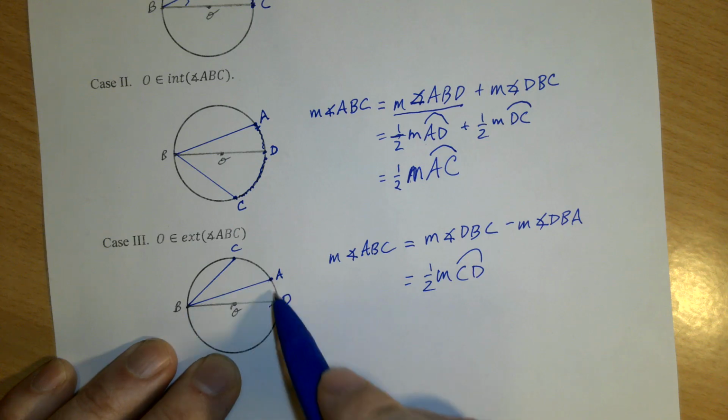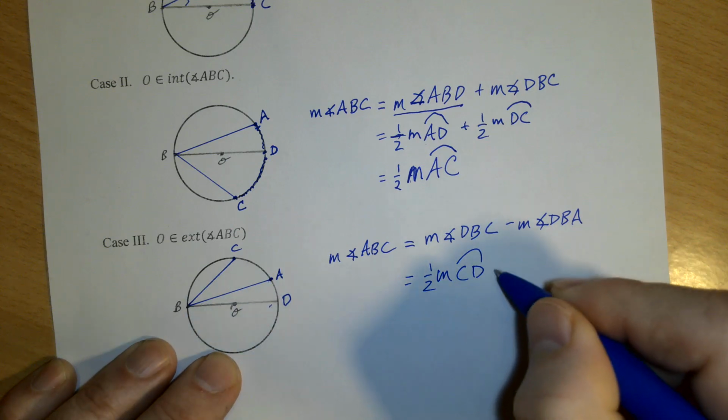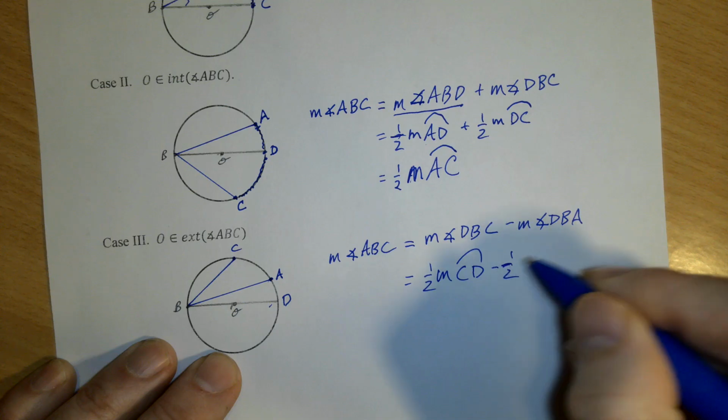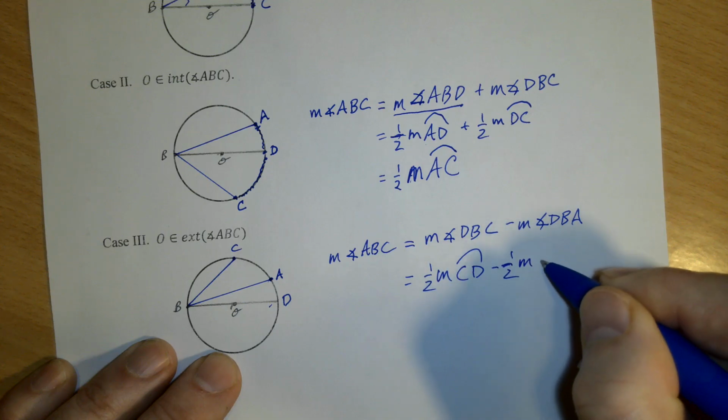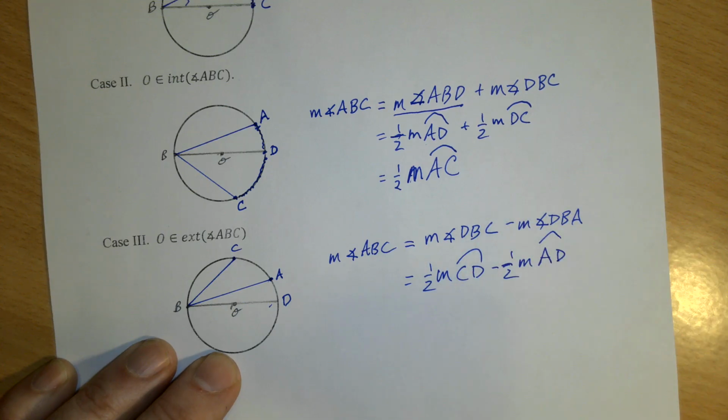This small angle is going to be 1/2 the measure of arc AD.